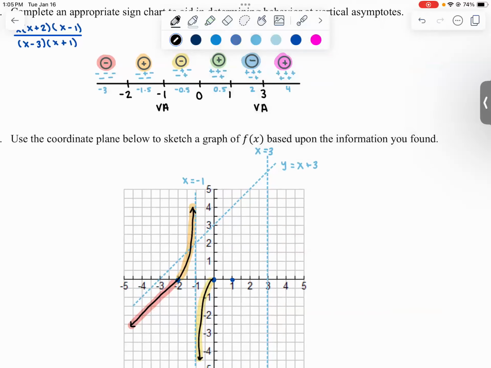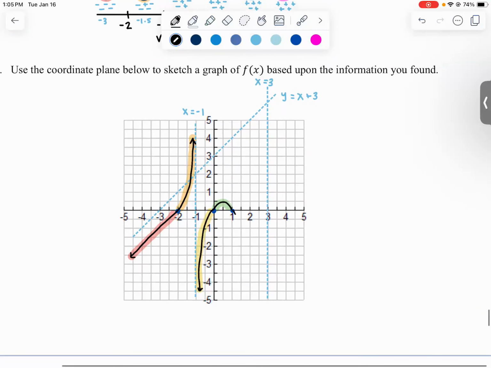So I need to come up, cross through the x-axis, and then hit my next x-intercept. And then after 1, in that blue portion, my graph is negative. It will need to go down and then follow that vertical asymptote. So it will look like a parabola in the middle there.